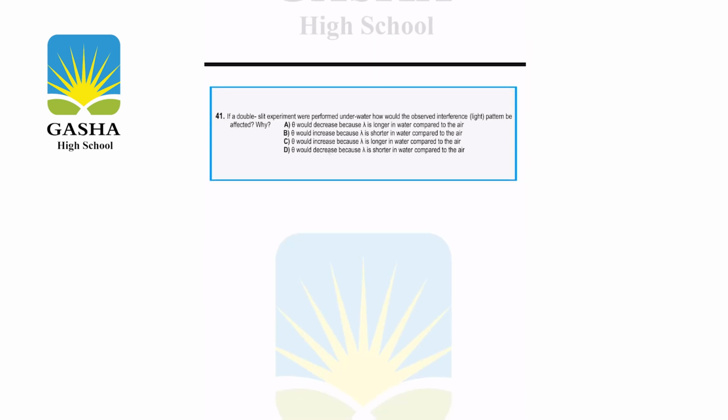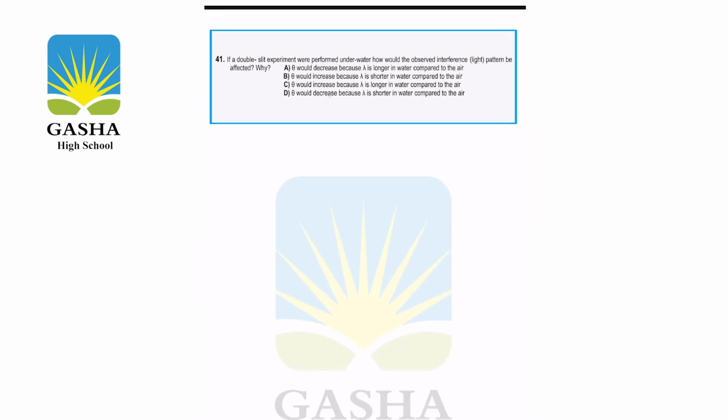Question 41. We have a double slit experiment, and this one is performed under water. How would the observed interference pattern of light be affected? You have to know that the electromagnetic wave is different from the mechanical wave. For a mechanical wave, when the medium is changed, when the wave moves from air into water, the wavelength is going to increase and the speed of the wave is going to increase.